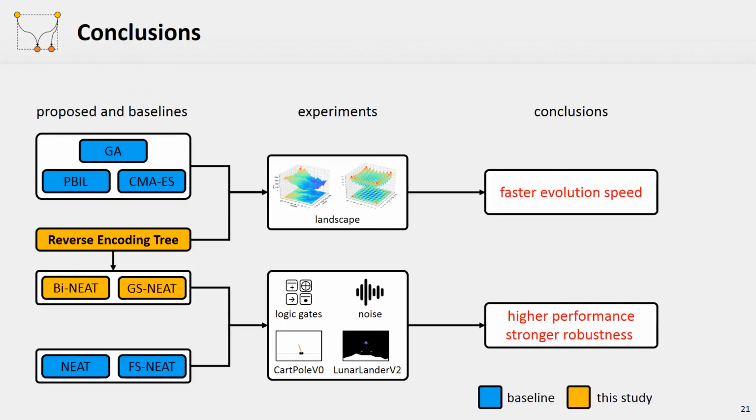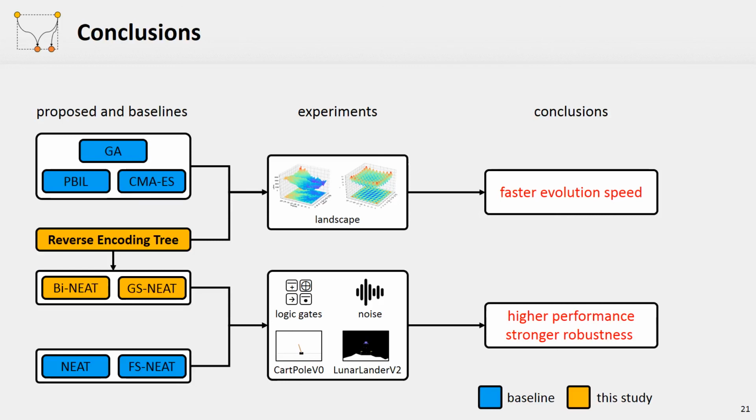Here, we reported an evolutionary strategy named Reverse Encoding Tree. Past landscape evaluations, together with other well-established evolutionary strategies, showed that Reverse Encoding Tree has faster evolution speed in this case. In addition, we created two NET algorithms based on Reverse Encoding Tree.